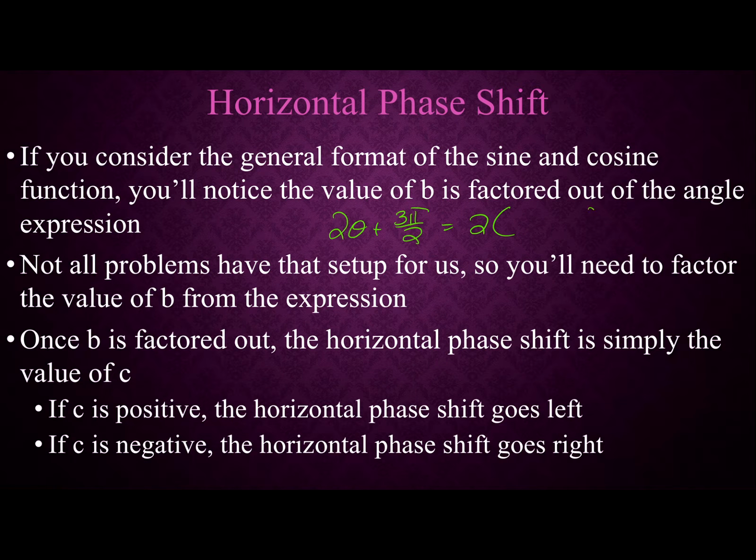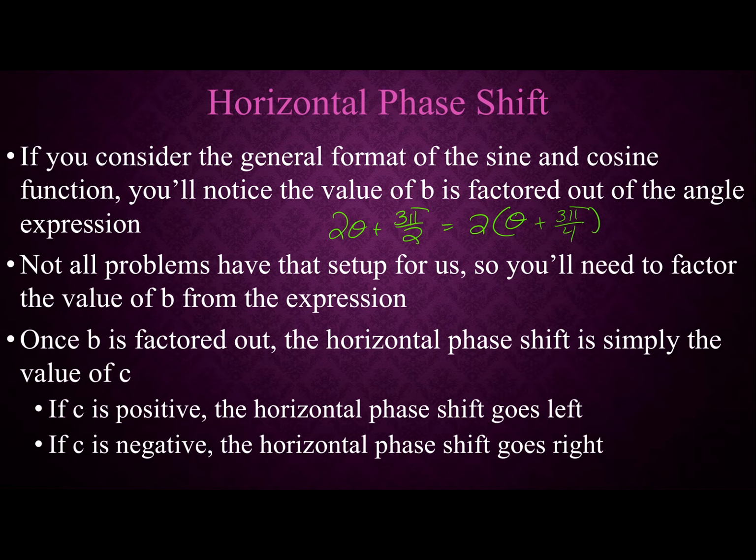But we need to recognize that when we factor, you're dividing the original by which you're factoring away. So 3 pi over 2 divided by 2, so you can guess 3 pi over 4. You can always check that by distributing back into it. So that 3 pi over 4 would now represent the value of C, which is now the horizontal shift. And because it's a positive C, this is shifting to the left, whereas if that was a negative C, it'd be shifting to the right.